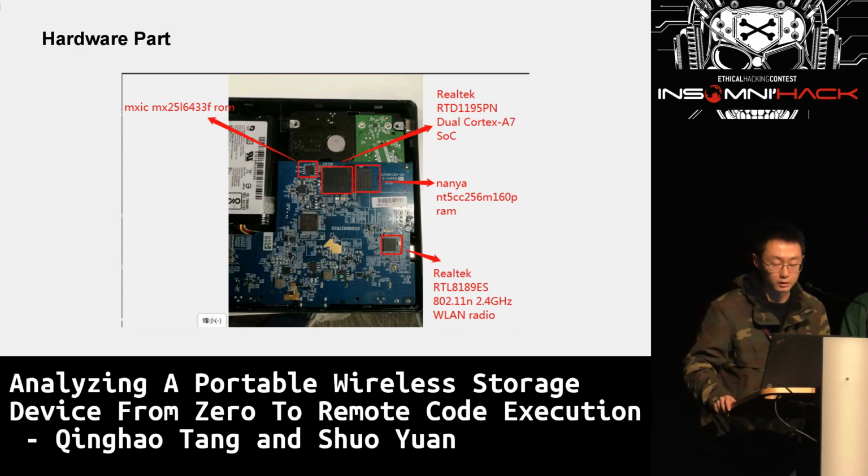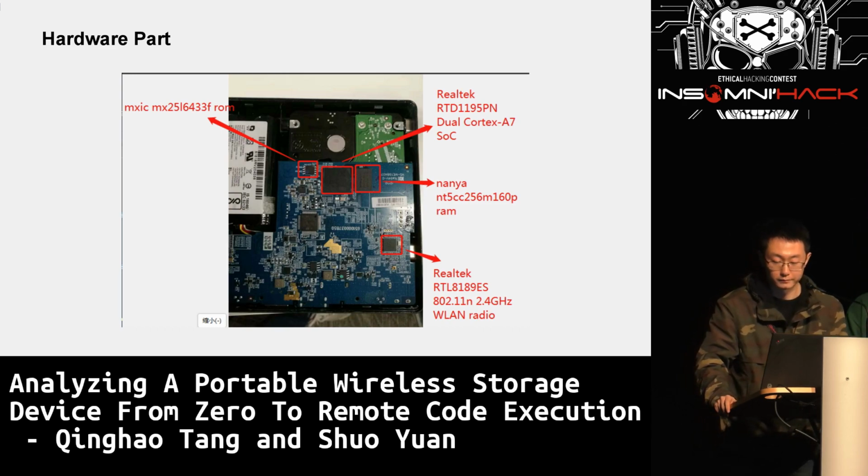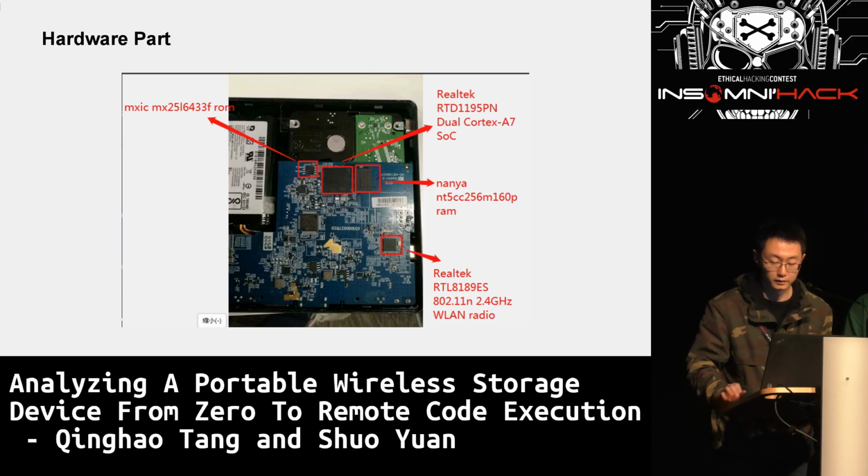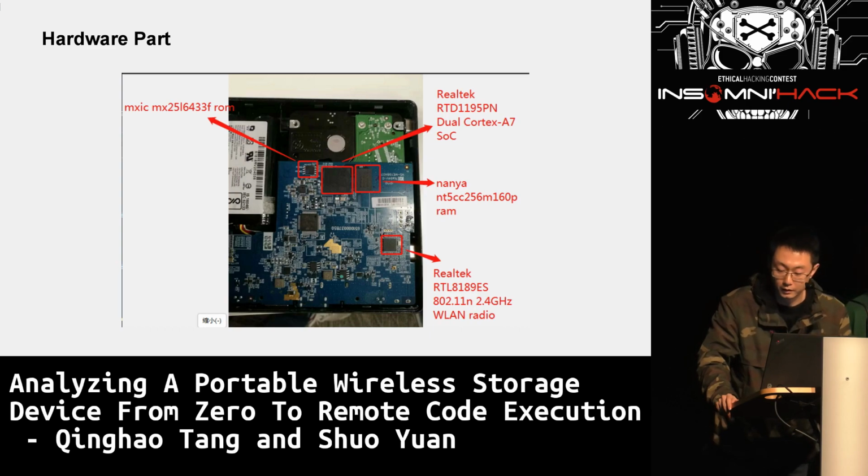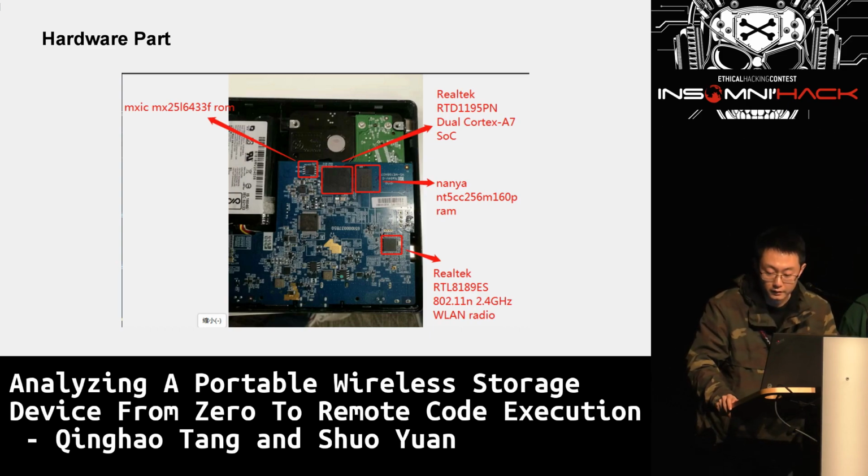On the right of the board is the RAM memory chip. Below it is a wireless access point chip. The right part is the power. And at the bottom of this picture, we can see a mechanical hard disk. It's mounted on this operating system.